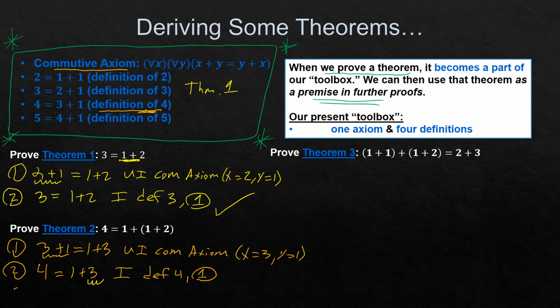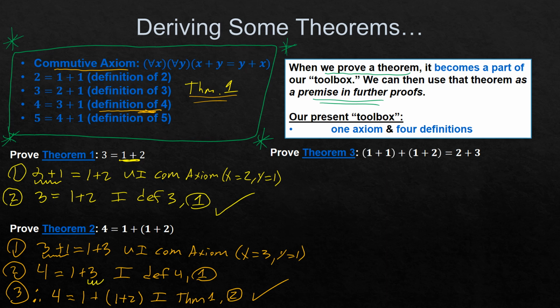Thus, for line 3, we can say, therefore, it follows that 4 is equal to 1 plus 2 by the identity with theorem 1 and with line 2. We didn't have to prove theorem 1. We've already done so. It's in our toolbox, so we can use it. Otherwise, obviously, the proof for theorem 2 would have been longer.